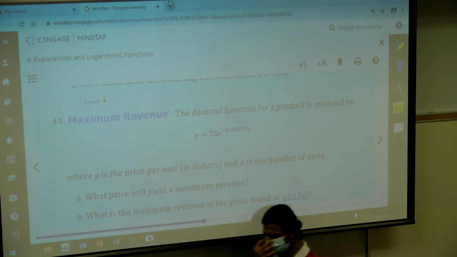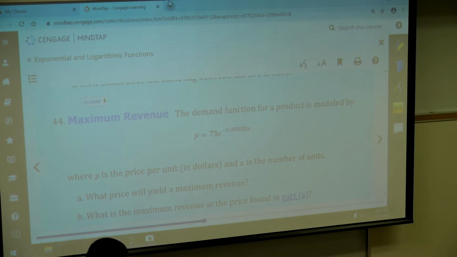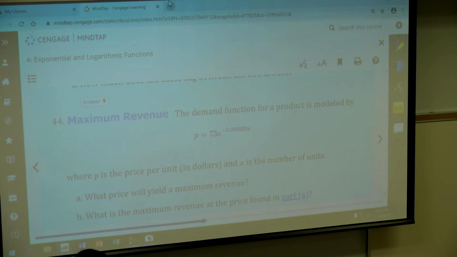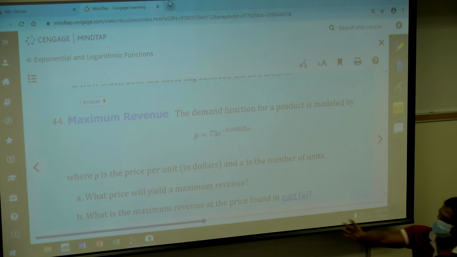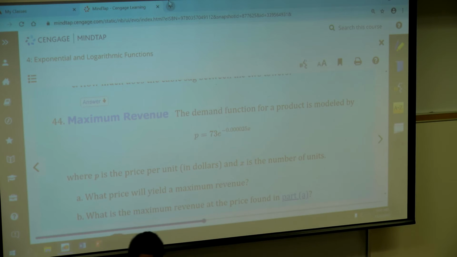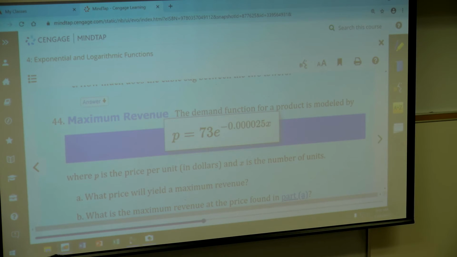So we did minimum, maximum, all of that stuff in the second chapter. Here is a problem that's asking about maximum revenue. The demand function for a product is modeled by that expression, 73e^(-0.0000025x).